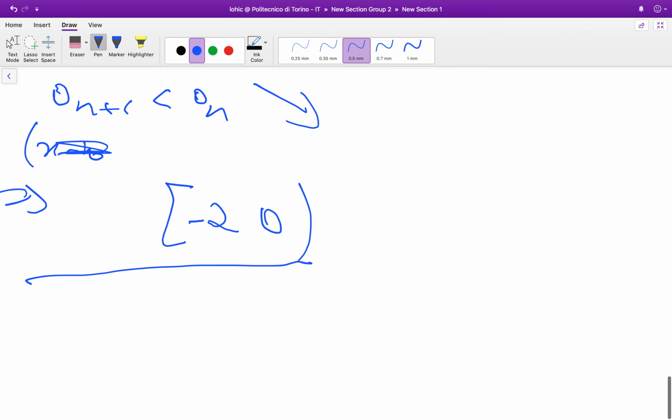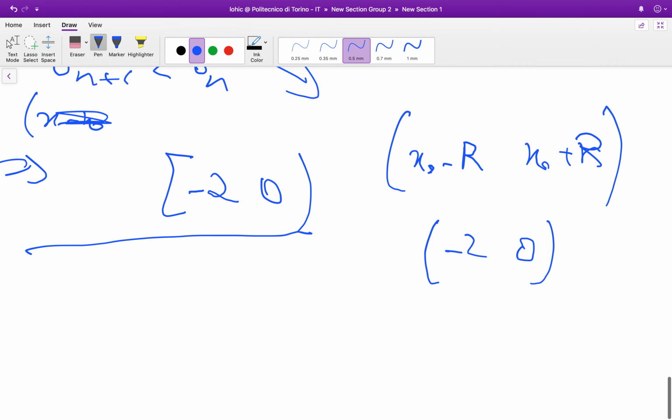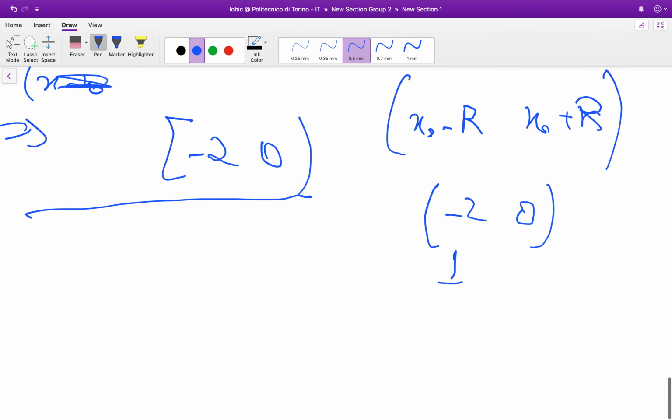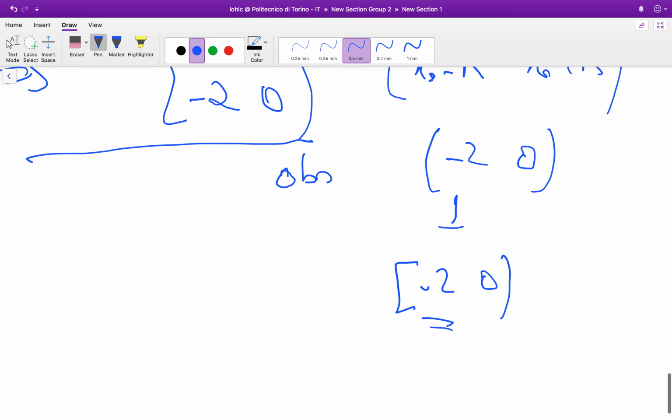The power series converges absolutely in the interval from x0 minus r to x0 plus r. Is it clear? So we know that the power series will converge absolutely in the interval from -2 to 0. When you check at -2, we saw that it converged, but we didn't check if it converges absolutely at -2. In the open interval, it converged absolutely. It's the theorem.